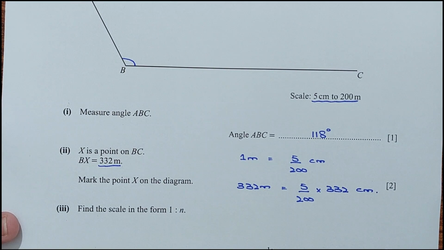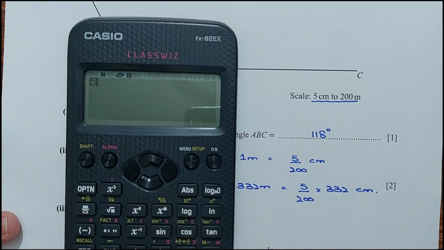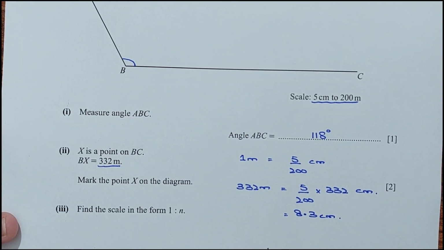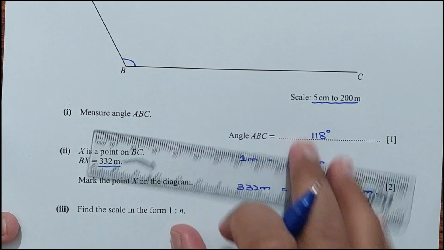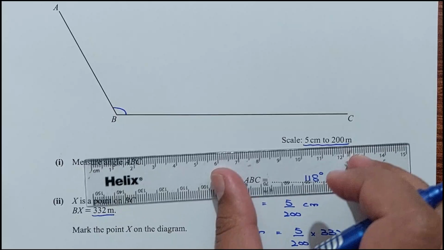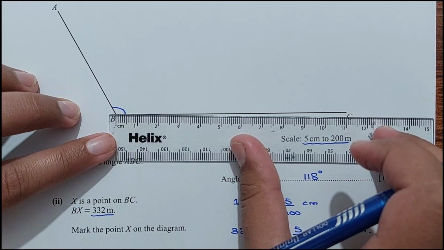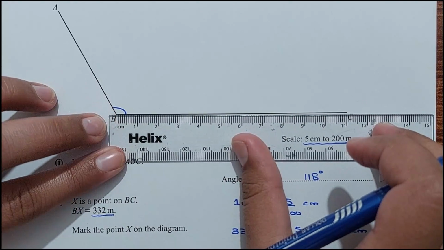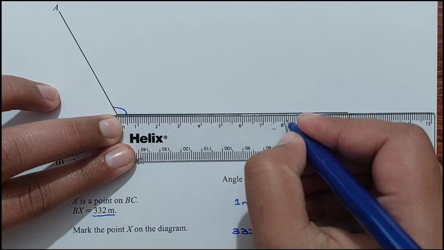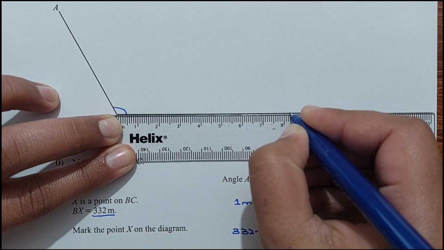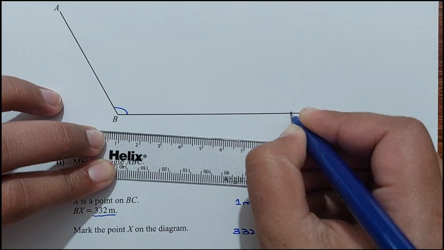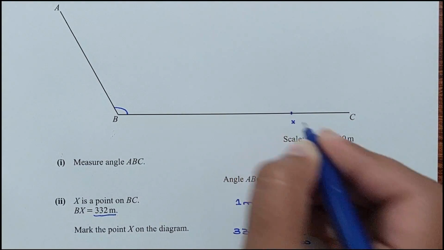Let me simplify this. 5 out of 200 times 332 is 8.3 centimeters. Right, so we have to measure 8.3 centimeters on BC and mark the position for x. Okay, B to C. This is 8, 1, 2, and 3. 8.3 is over here. This is x.